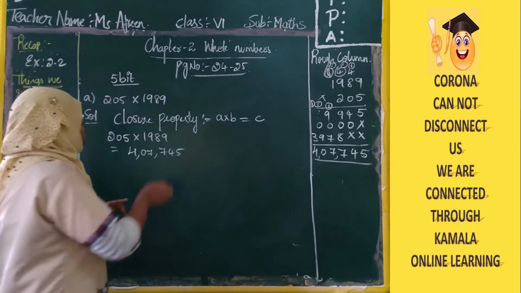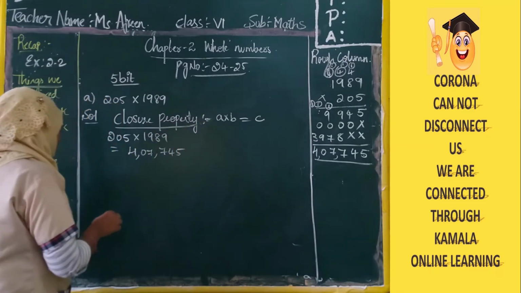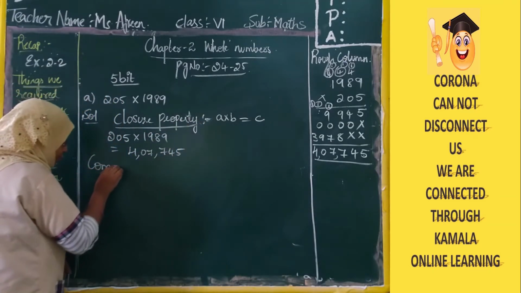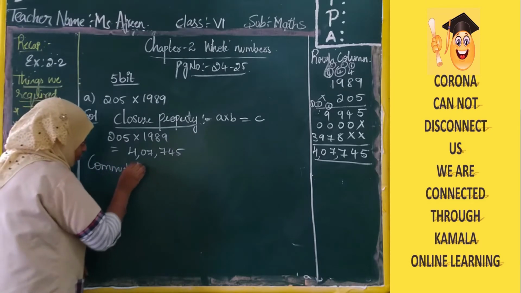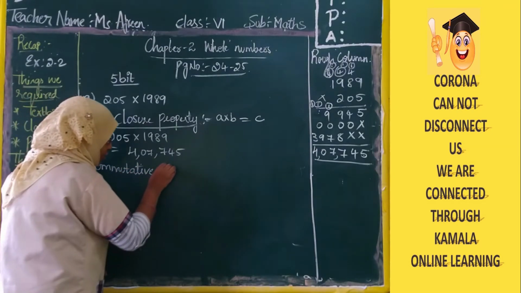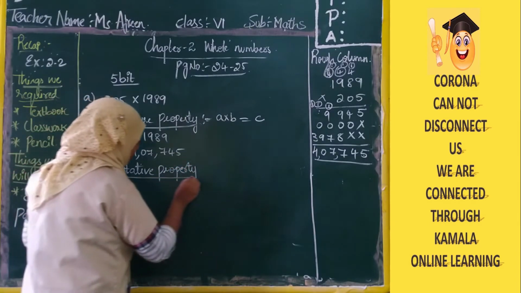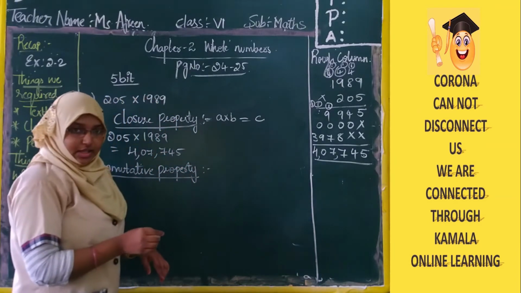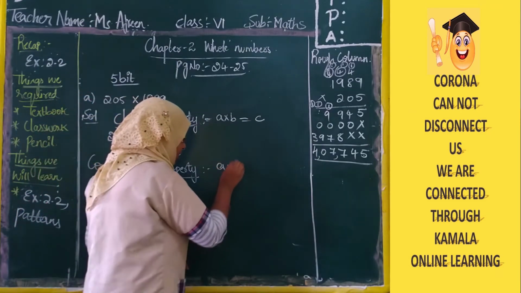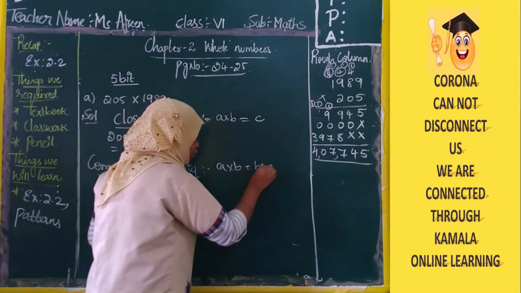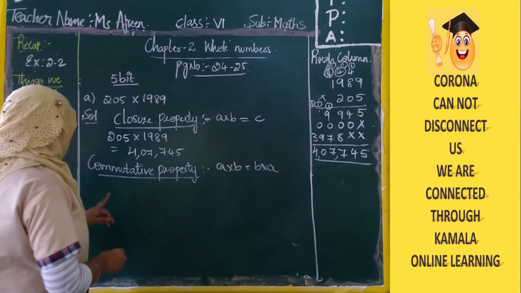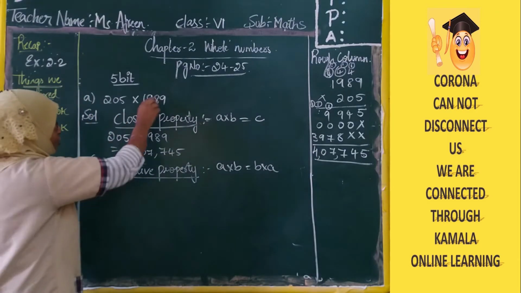So we have done the closure property. Now let us move to the commutative property. What is the commutative property? If you change the order of whole numbers, we get the same answer, like A into B is equal to B into A, right? So now here A is 205 and B is 1989.